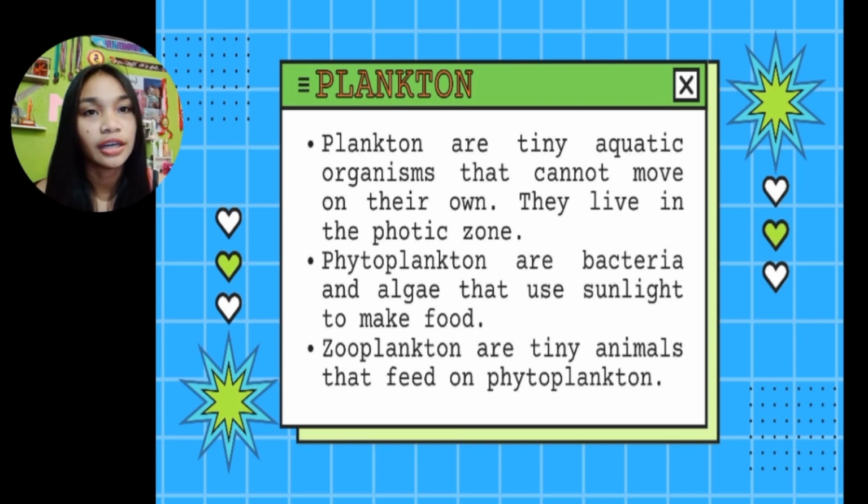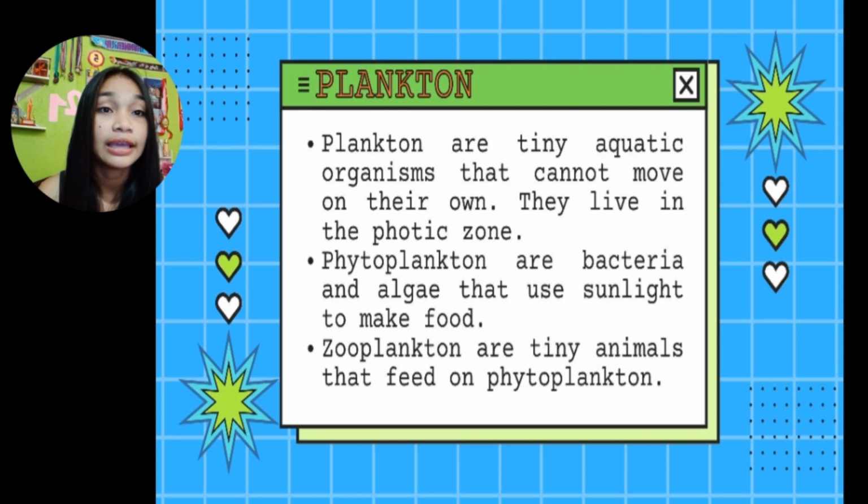What is plankton? Plankton are tiny aquatic organisms that cannot move on their own. They live in the aquatic zone, and they include phytoplankton and zooplankton. The phytoplankton are bacteria and algae that use sunlight to make food.